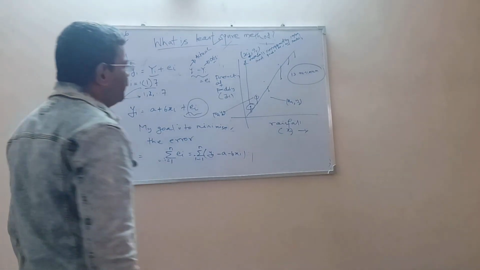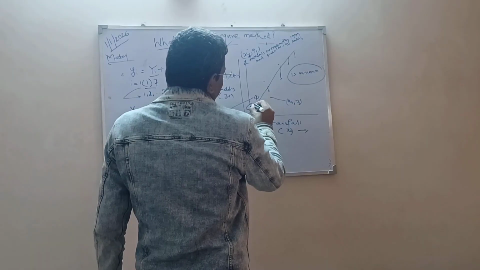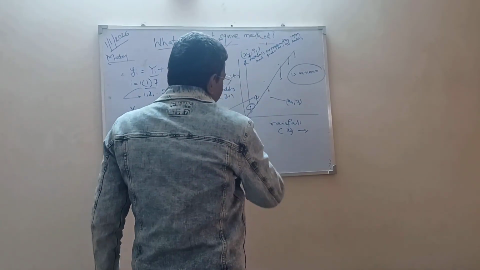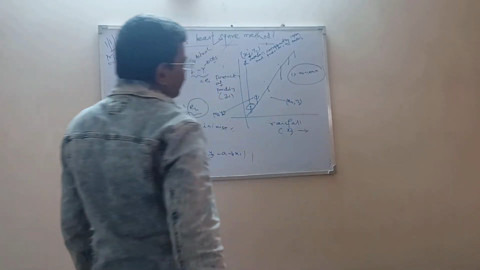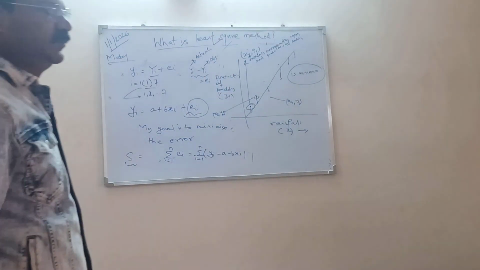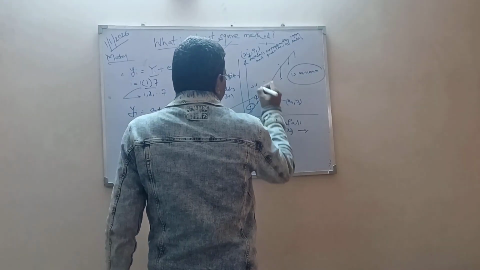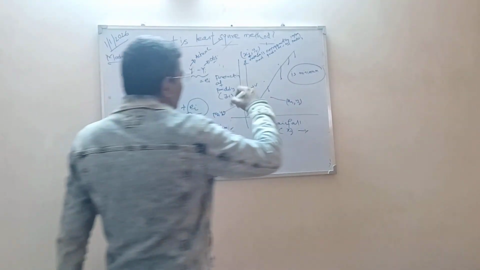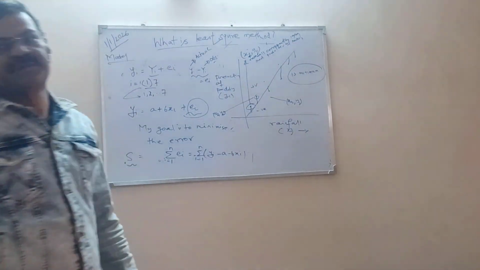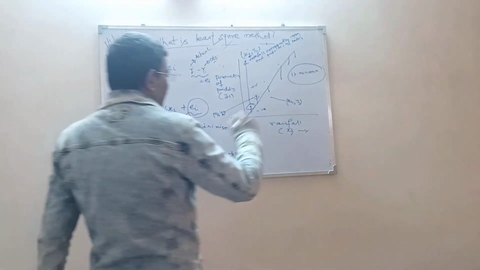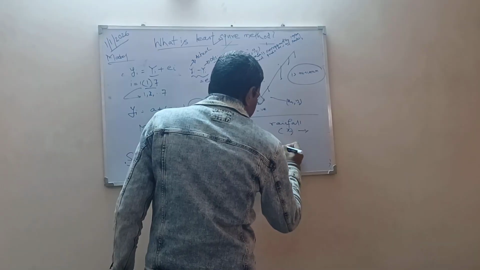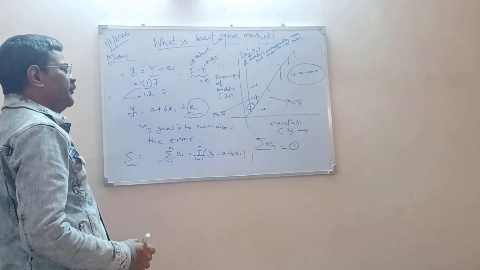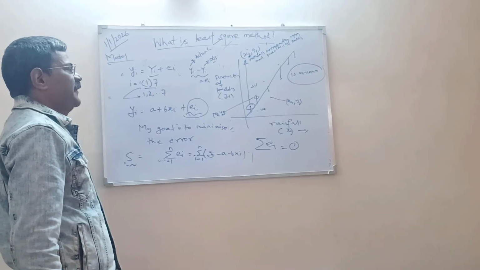Let's see, there is a problem. Suppose the upper part of this line I'm assuming as plus, and the lower part as minus. So it may so happen that the sum of the positive parts equals the sum of the negative parts, and as a result the sum of ei may be 0, but there is a lot of error like this.